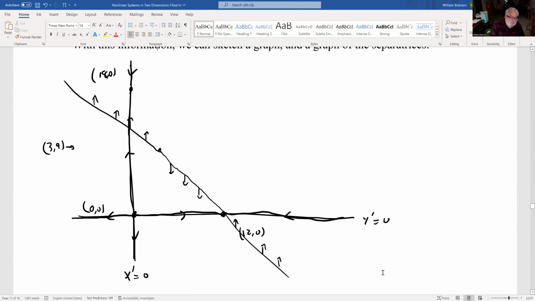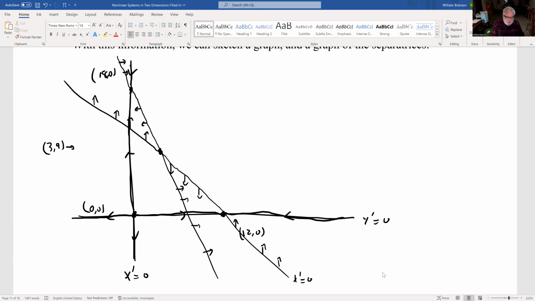This is an x' = 0 nullcline. Then we have a y' = 0 nullcline that goes through here. The solutions for the nullclines, the arrows look like this. Right, and so our equilibria are all at intersections of an x' and a y' nullcline. So that gives us a little sense of where things are going.